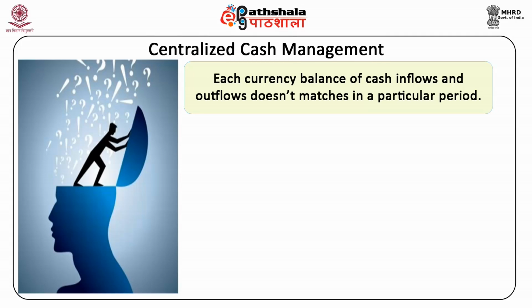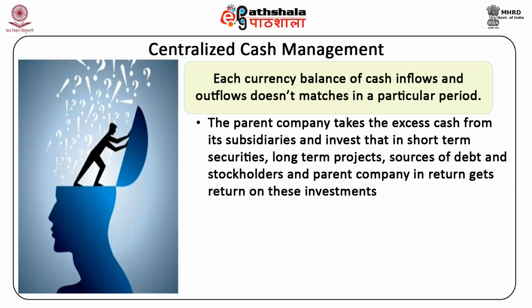In centralized cash management, the parent company takes the excess cash from its subsidiaries and invests that in short-term securities, long-term projects, sources of debt and stockholders, and the parent company in return gets a return on these investments, which helps the parent company cover the deficiency of cash in a particular subsidiary.